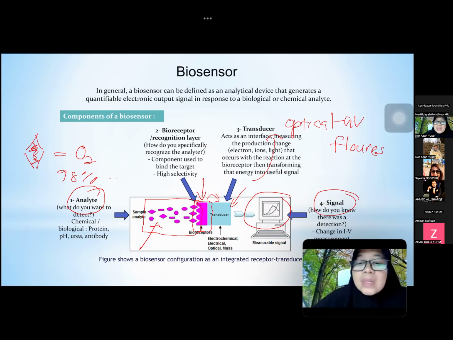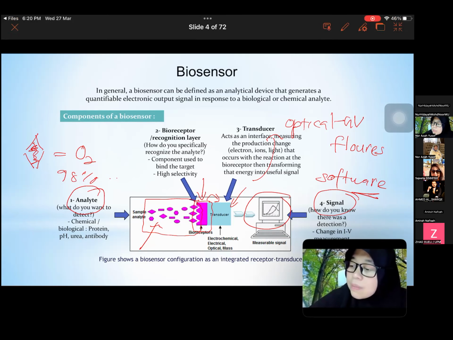We don't want them to calculate or do some calibration whatsoever. We want to have the final result. So in order to do this, we have to do some software programming to convert the reading, to auto calculate and so on. So that's why we need experts in development of sensors, not just chemists, not just biochemists. We need more than that.